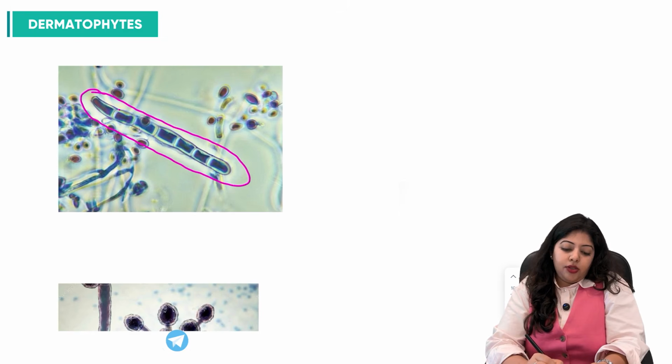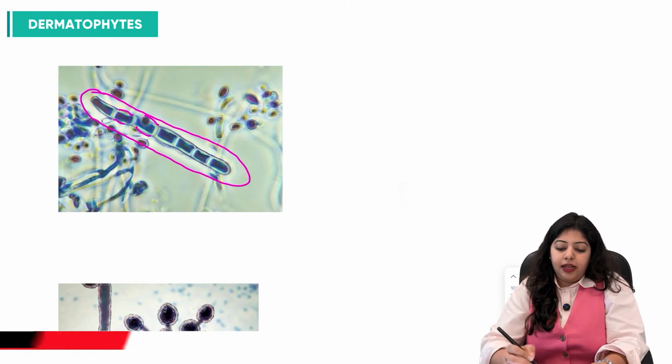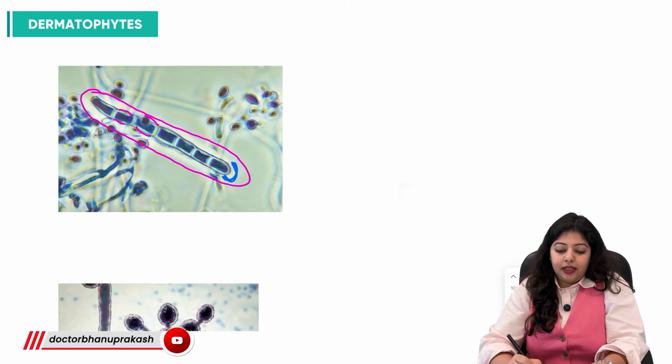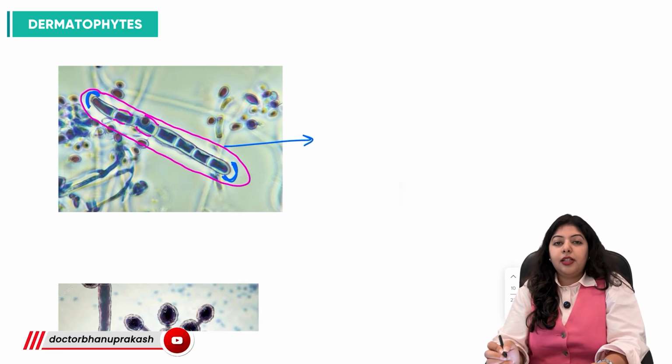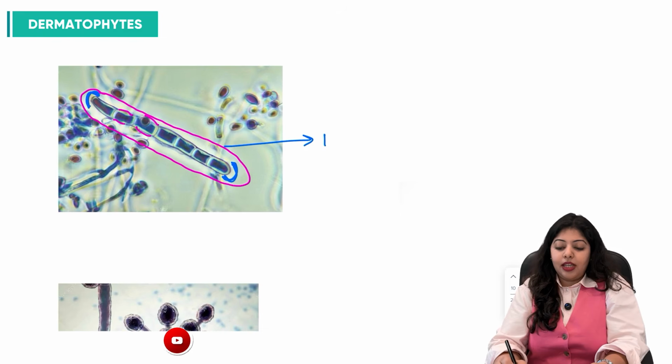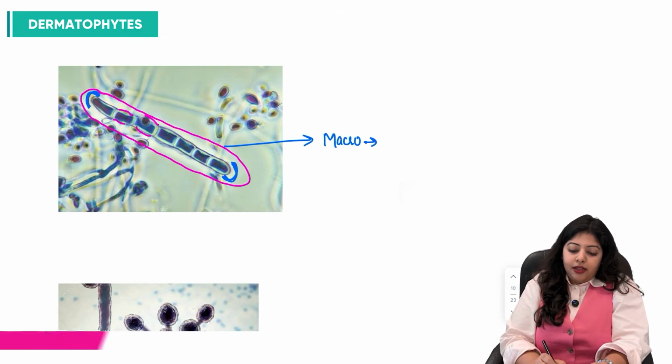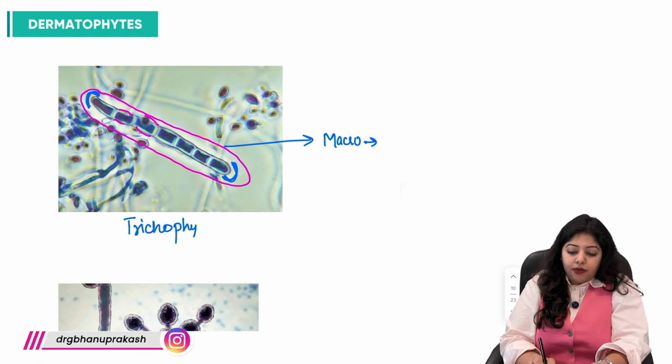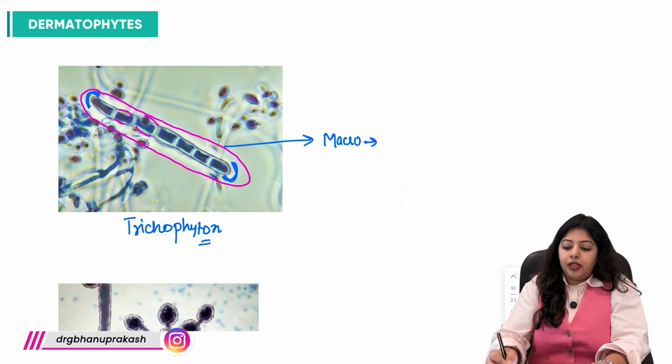And these are also thin-walled, the walls are smooth, and we have blunted ends. So this structure is like a pencil. So this is the macroconidia of Trichophyton. Trichophyton macroconidia, pencil shaped.